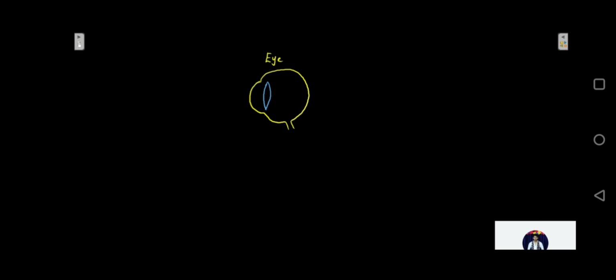So the first one is the range of normal vision. In what range can a normal eye view clearly?